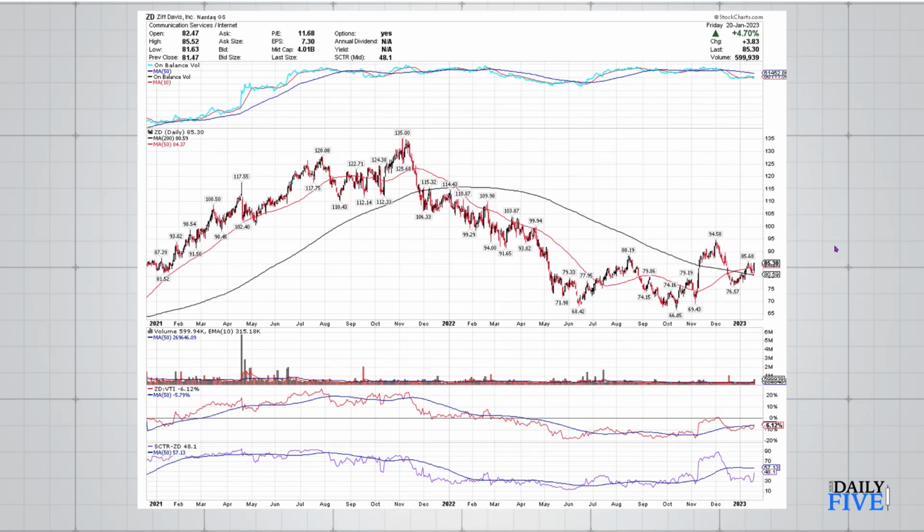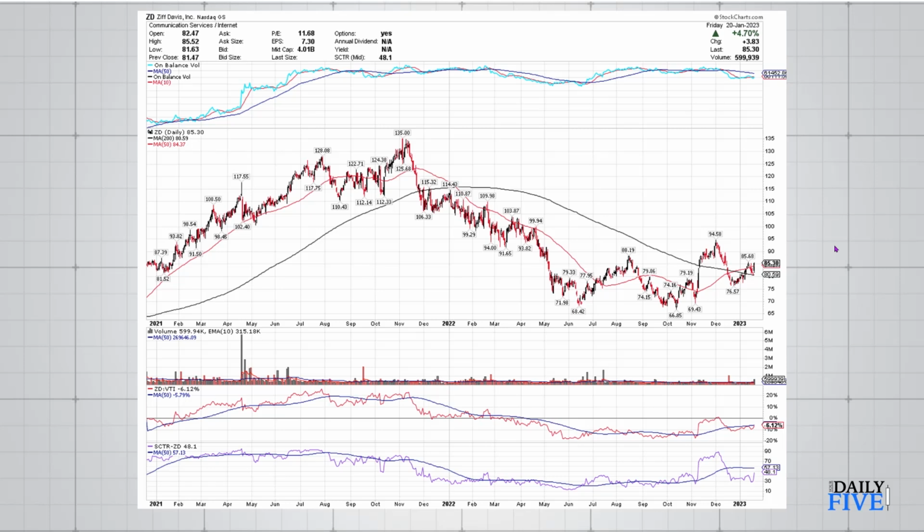Our next candidate, Ziff Davis, Internet Services. What are your thoughts here, Professor? Well, this is, again, breaking the stride of a downtrend that started in 2021. And this one's a little more speculative because it's trying to trace out an accumulation structure. I really like the way it showed a sign of strength in November, and then it pulled back to a higher low in late December, which is tax loss selling, which really is the product of that downtrend that started a year prior.